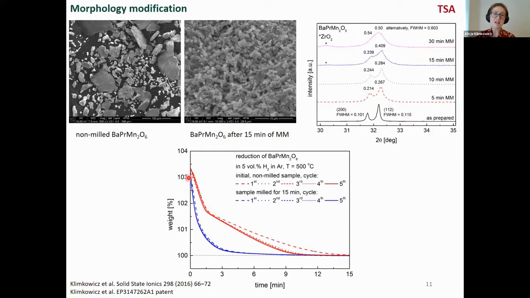But milling can actually increase the speed of this process, right? So you can clearly see that we have good results with the increasing of the speed of the reduction in here. So this result was also very recently accepted, and we received a patent for that work.